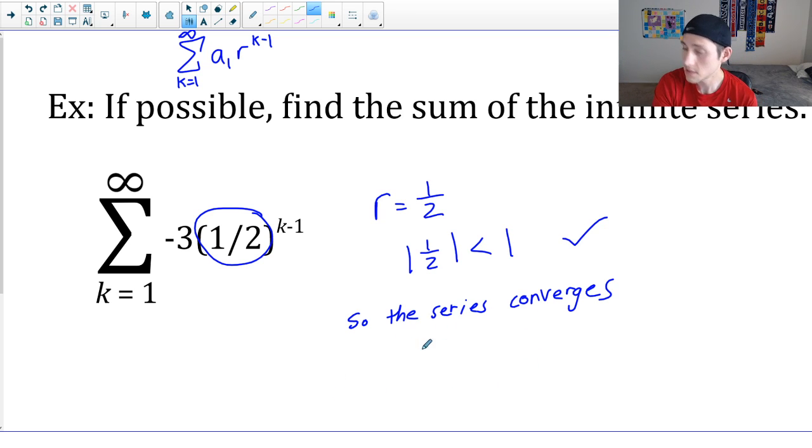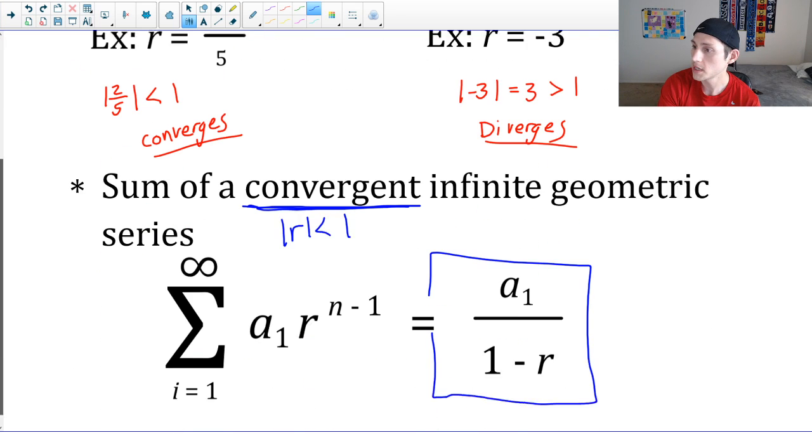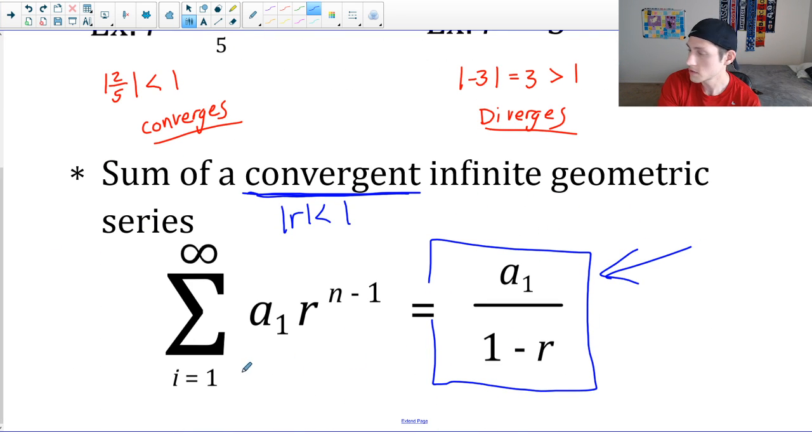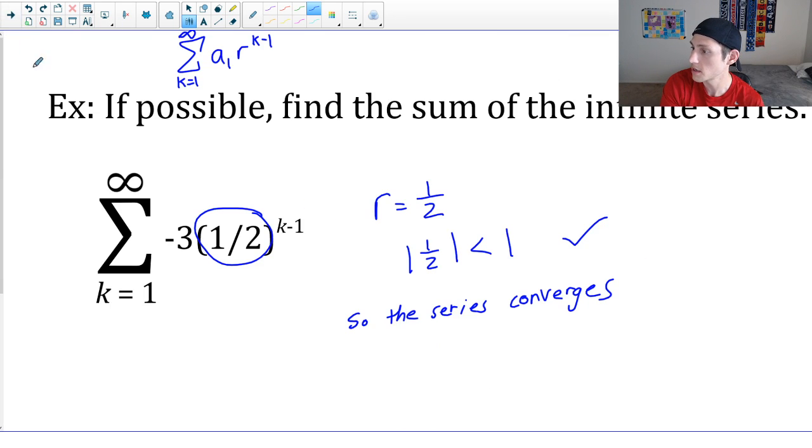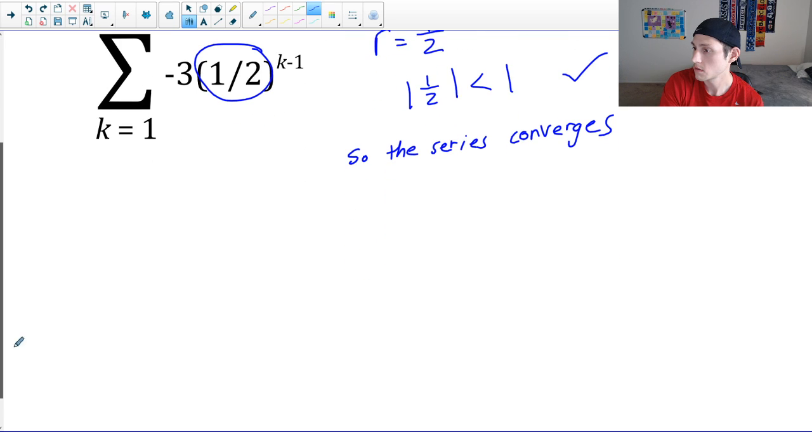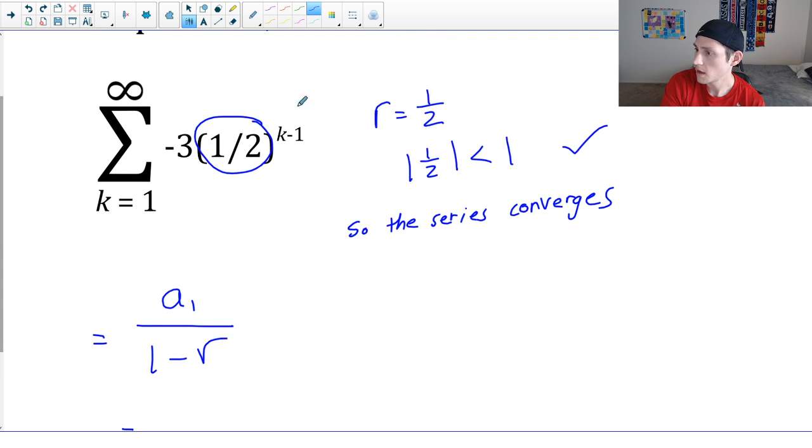All right. Since the series converges, then that means we can use this formula to say what would the sum be. What would that infinite sum end up being? If I could scroll down. So that series would equal, the formula is just a1 over 1 minus r. a1 in this case is -3.